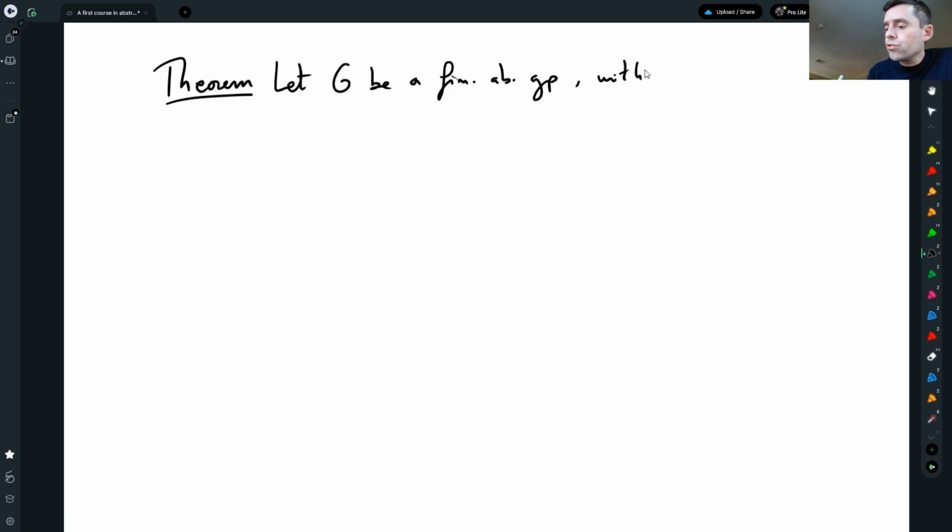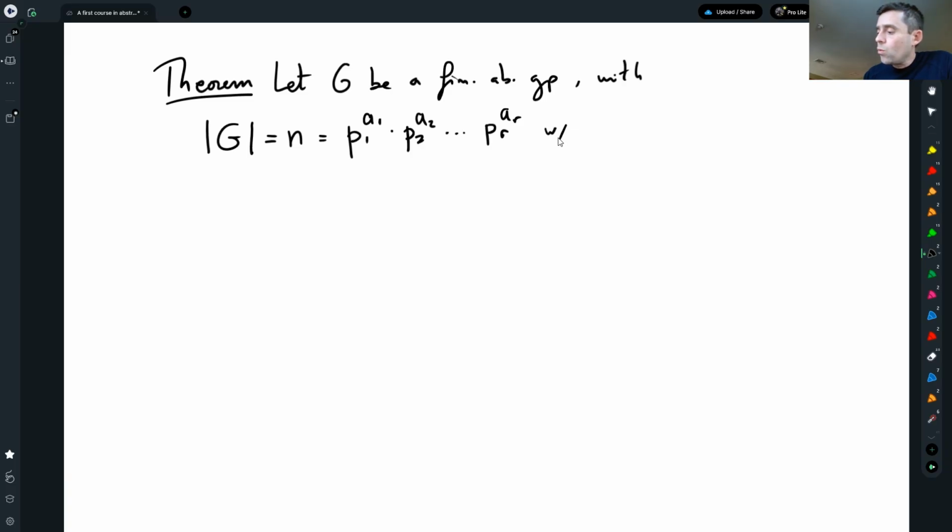I want to see what is the size of G. I'm going to factor it: it is going to be some n, but it's going to be p1 to the a1 times p2 to the a2 times pr to the ar, with each one of those being different primes, and each one of the exponents being natural numbers.